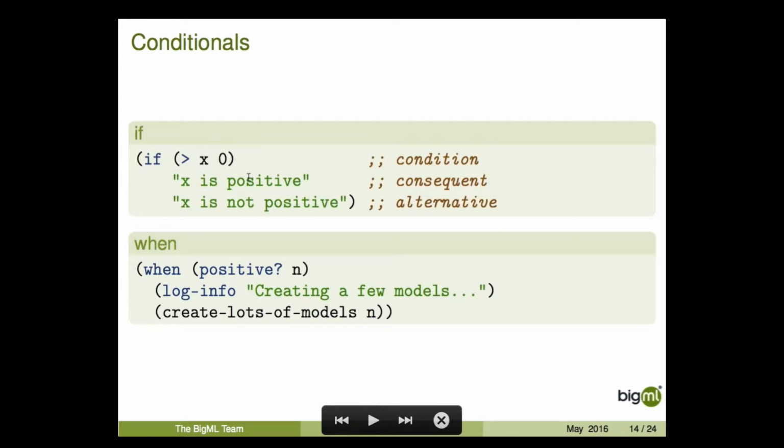And then the if will return a certain statement if that's true, and a certain statement if that's not true. When is similar, except it doesn't contain an explicit return value if the condition isn't true. So if the condition isn't true, we just end up returning false. But the statements within the when only execute when the condition is true.